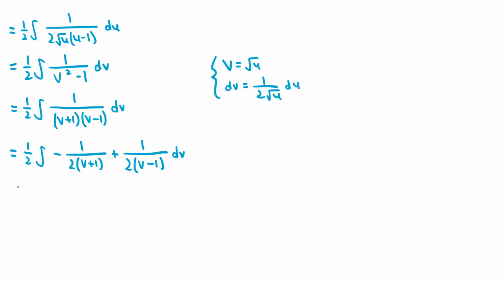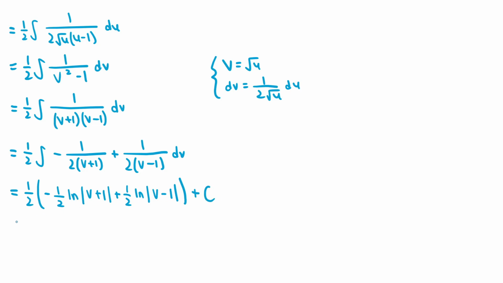If we integrate each term separately, then the integral of negative 1 over 2 times parentheses v plus 1 is negative 1 over 2 times ln of the absolute value of v plus 1, and the integral of 1 over 2 times parentheses v minus 1 is 1/2 times ln of the absolute value of v minus 1, and all of this is multiplied by a constant of 1/2, since we have a 1 over 2 constant before the integral, and we also have to add the constant of integration c.